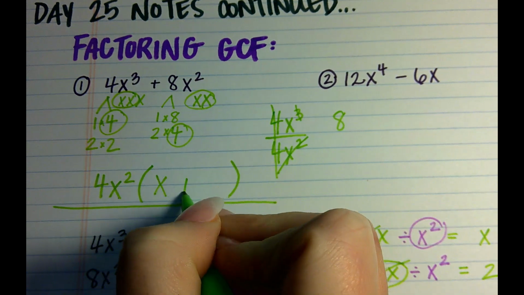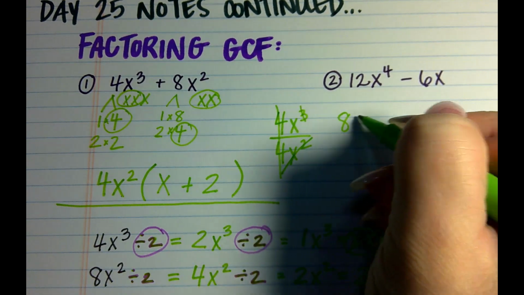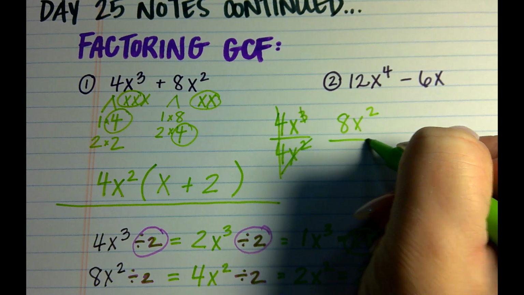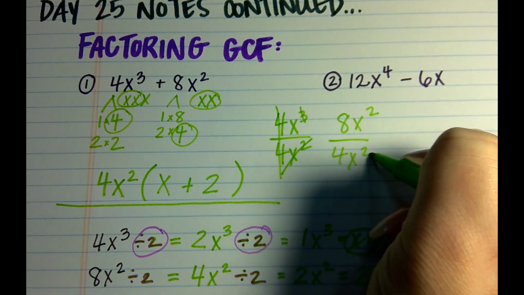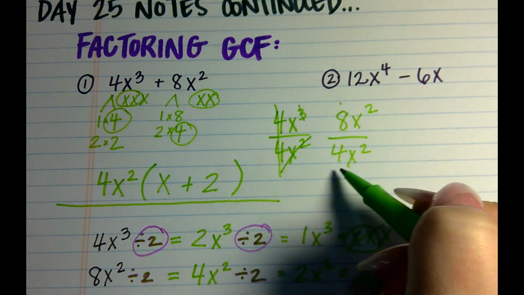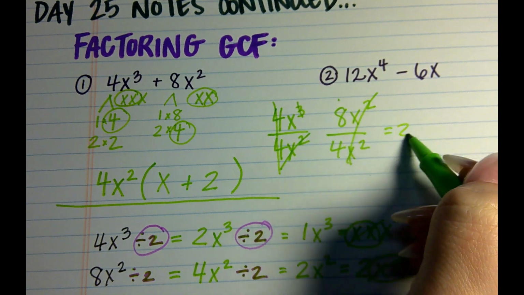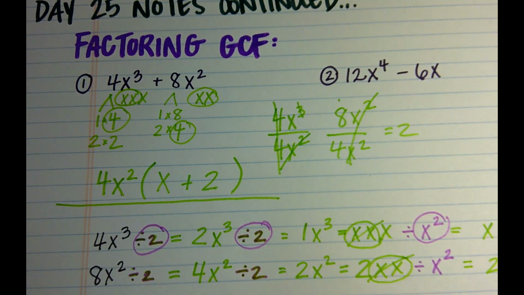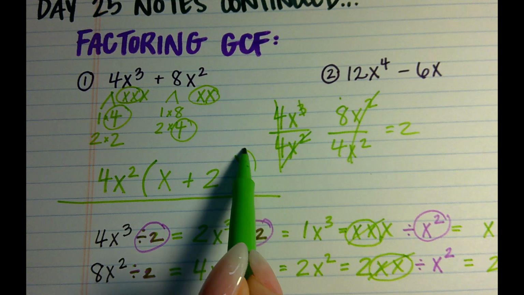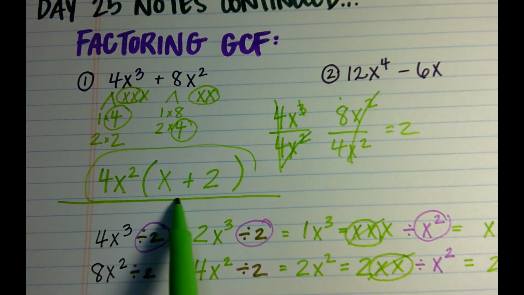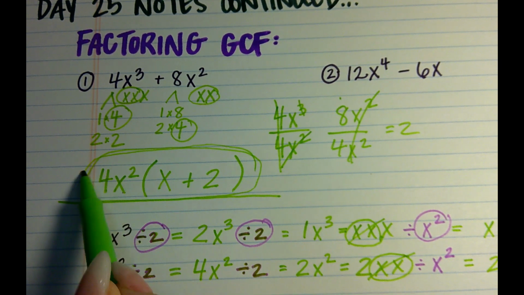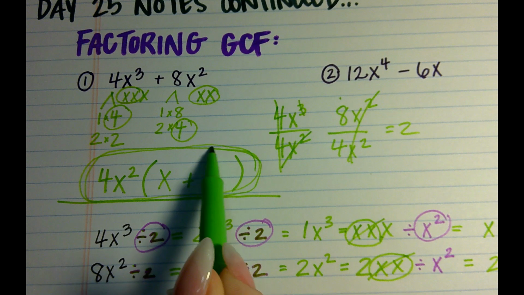X plus 2? Yes, that is right. 8x squared over 4. Yep, 8 over 4 gives us 2. My x squareds cancel. That's where we get our second term from. This would be our factored answer for number 1, 4x squared times x plus 2.